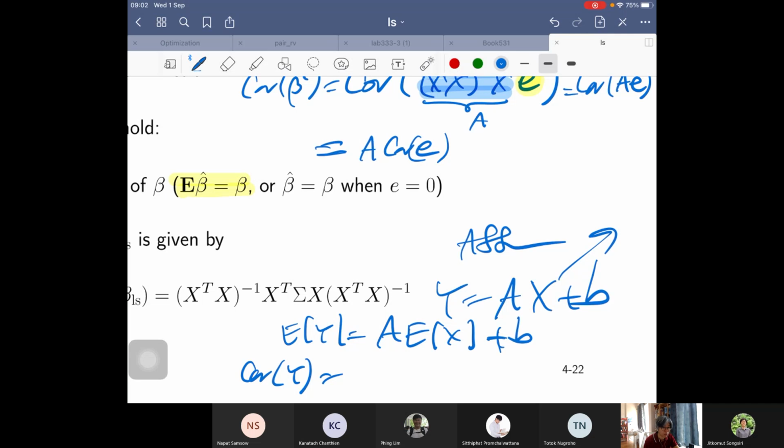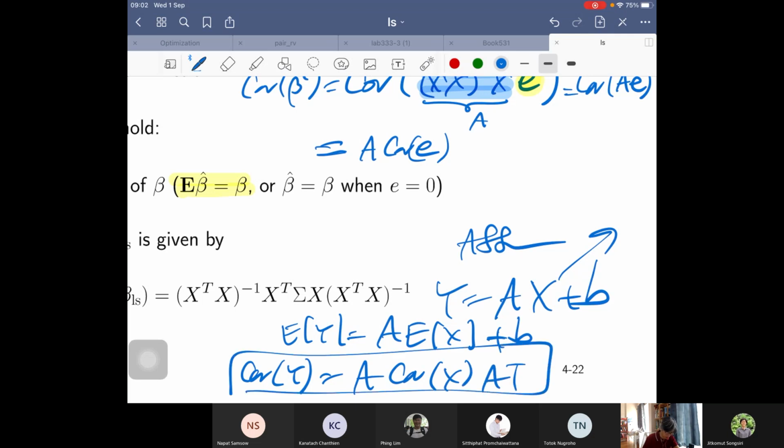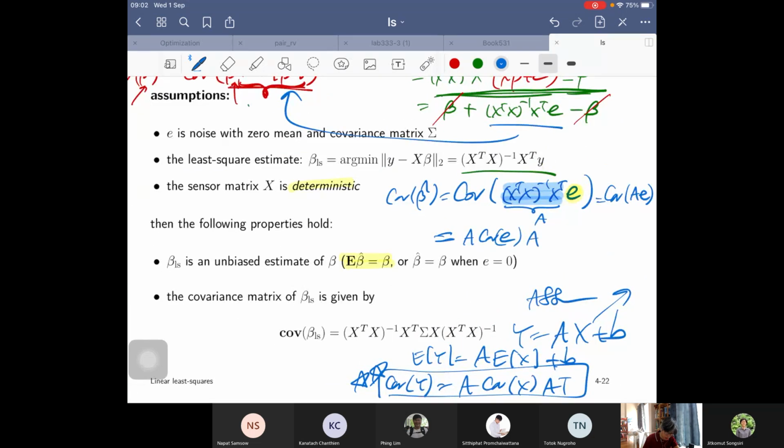For an affine transformation of a random variable, the mean and the covariance will be related. Is it A covariance of X A transpose? Please review. So in here, it's going to be A times covariance of e times A transpose.